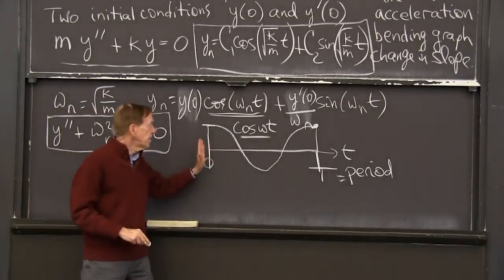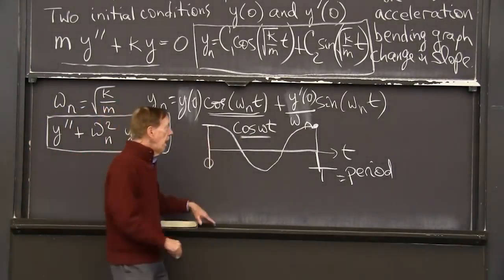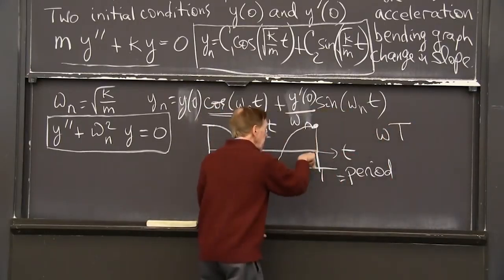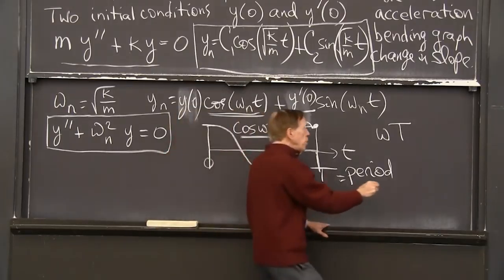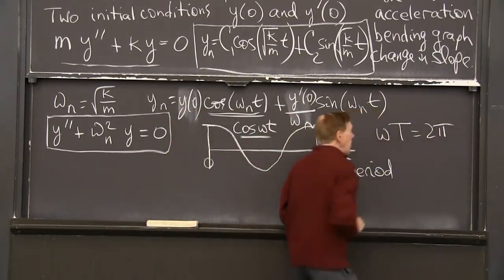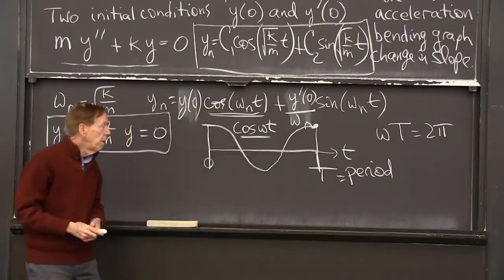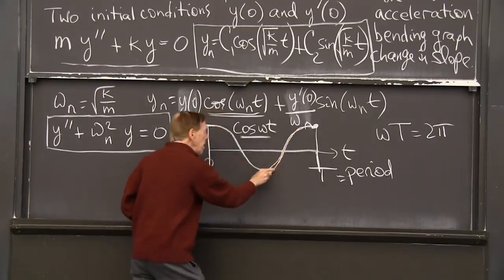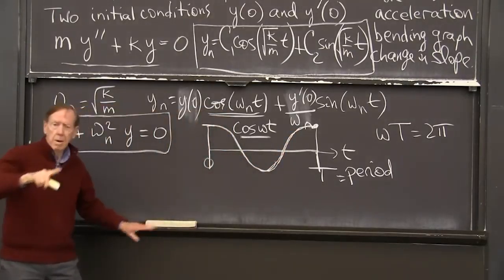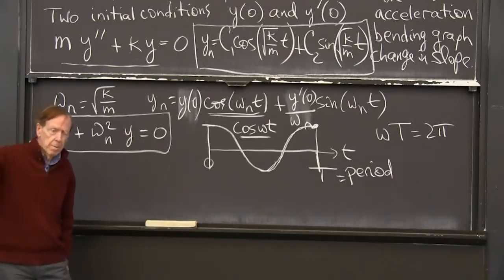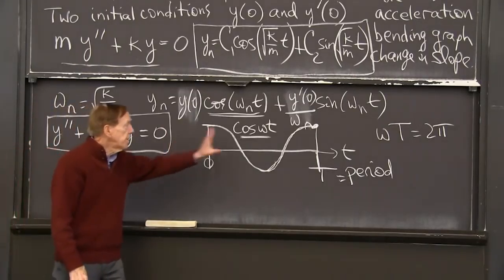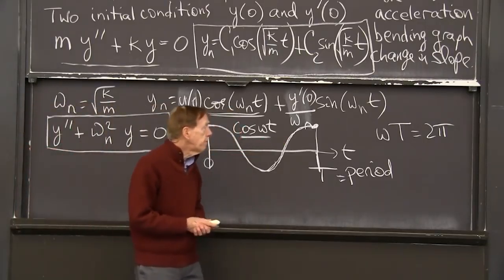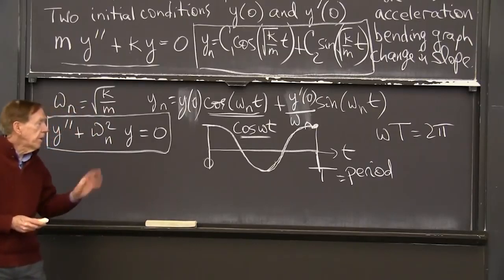So omega t starts out at 0, where t is 0, and when I get here, this omega t should be 2 pi. Then I've completed the cosine. One rotation around the circle, one movement of the pendulum back and forth is in that picture now. So omega t is 2 pi. The period is T.